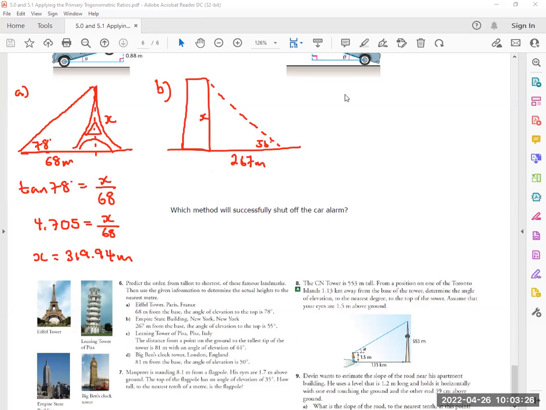Once again, I'm using the opposite with the adjacent. I am using the ratio tangent 55 is equal to opposite over adjacent. It'll be approximately 381.316 meters.